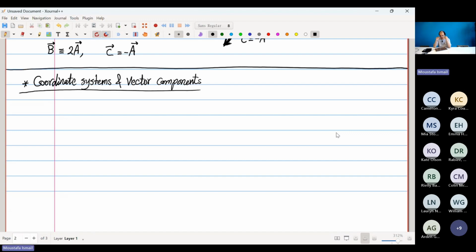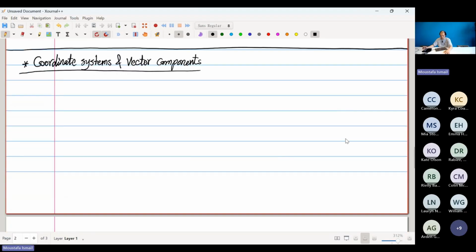But now we want to move in more than one dimension, so we have to have a full grid. So we're going to use the familiar rectangular Cartesian coordinates that involve two perpendicular axes, x and y.